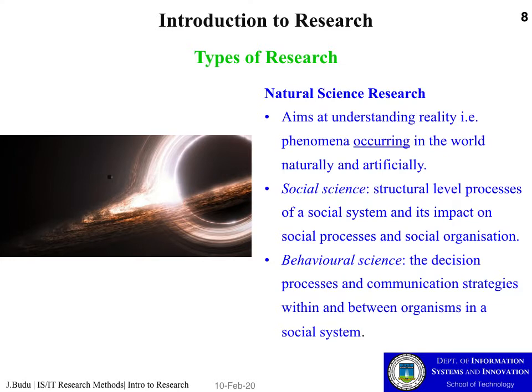We want to explain the processes and the procedures and the reasons why organisms related to ICT do what they do, and the outcomes that occur when we use ICTs in our space.